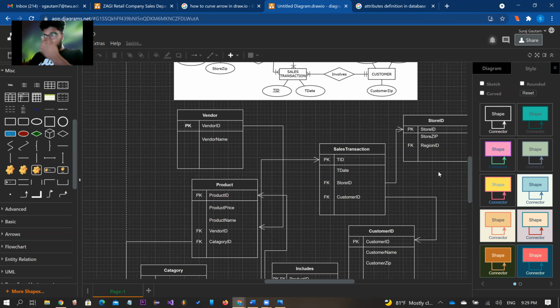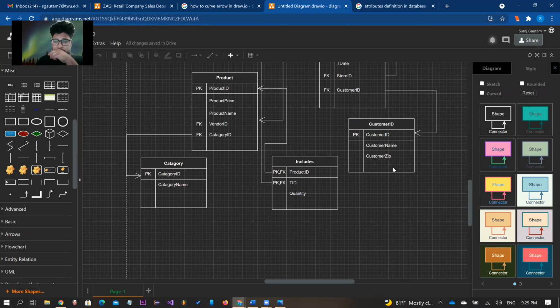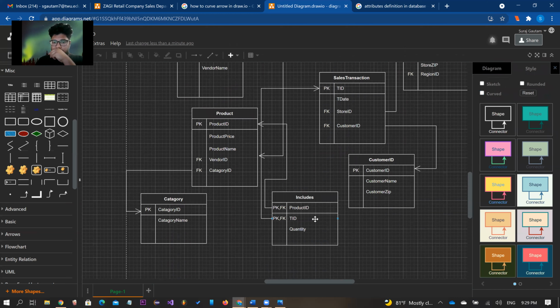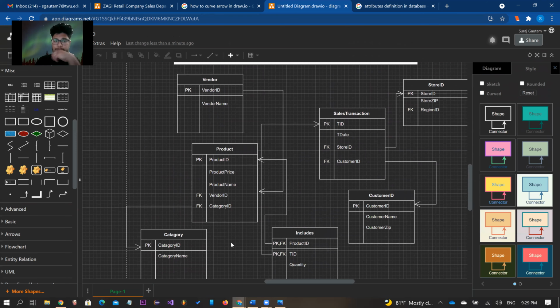So that is also done, and customer ID is also done. Let me see if I missed anything. Category is linked with product because product contains a lot of attributes with vendor ID and category ID as well.